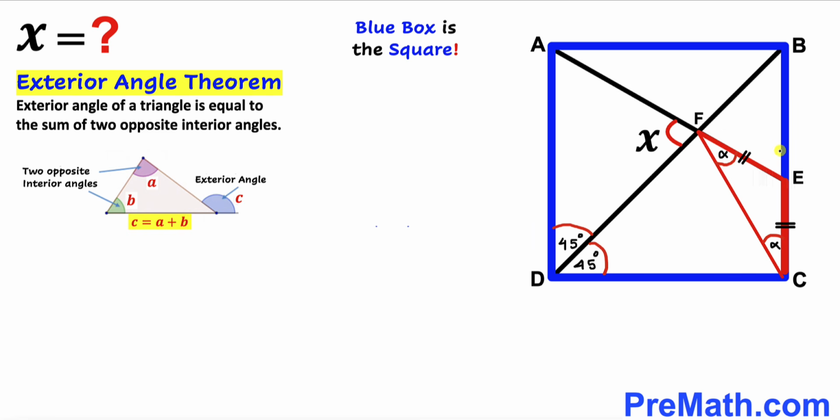So this exterior angle is alpha plus alpha, which gives us 2 times alpha.